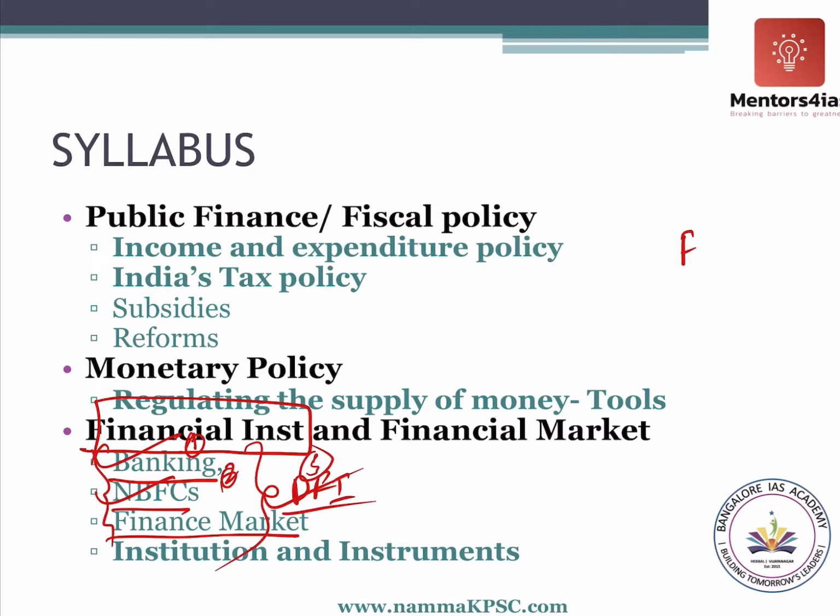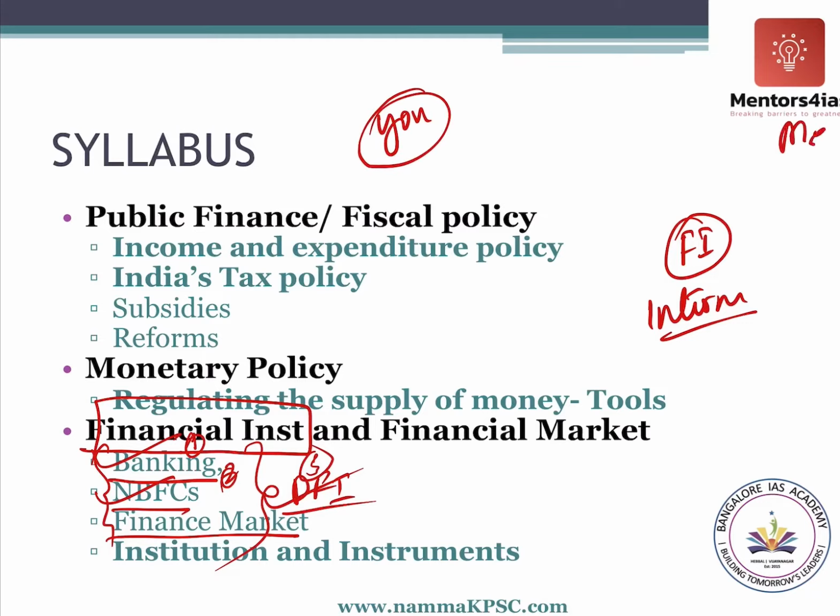These financial institutions are nothing but intermediaries. Let's try to understand it this way. Now you and me. So you are earning money, you have salary, income, etc., let's say. So you are earning and you have some savings, and you want these savings to be invested.